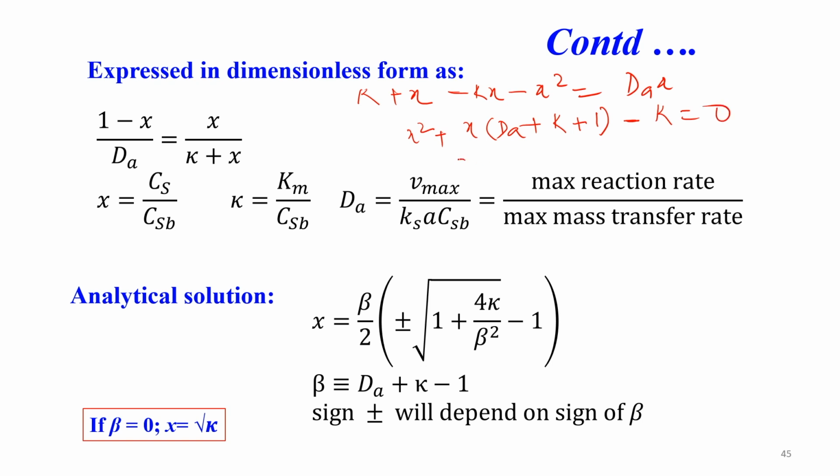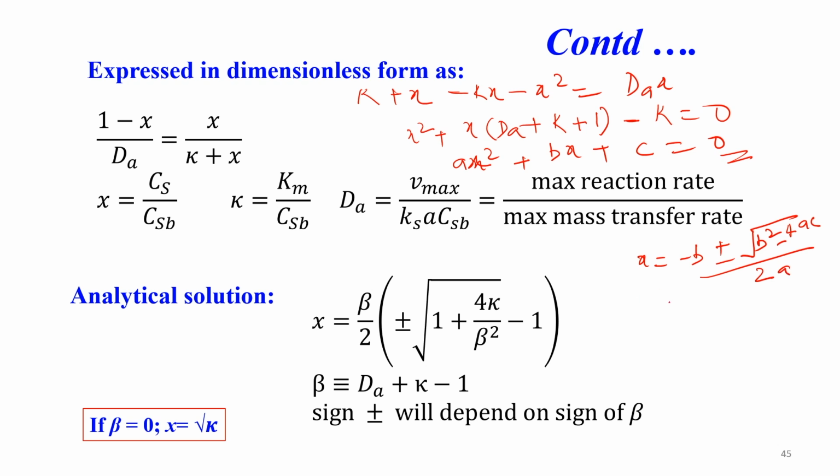It says ax square plus bx plus c equals 0. This is a quadratic equation, and here the solution for this quadratic equation is x as minus b plus or minus the square root of b square minus 4ac, upon 2a. Now, to solve this in this form, the coefficient of x is kappa plus Da plus 1, that we can simplify as beta.